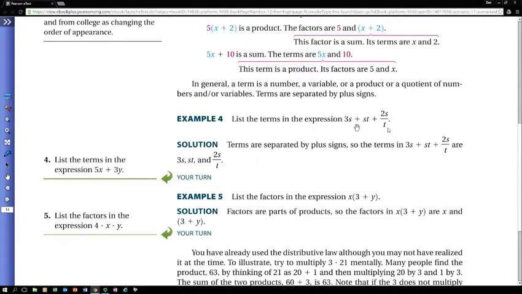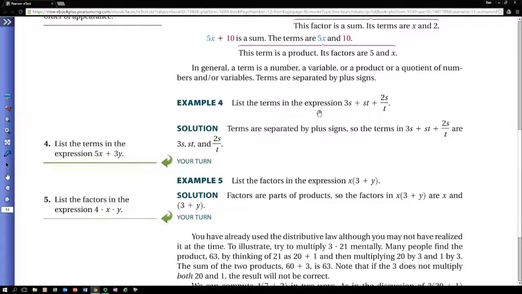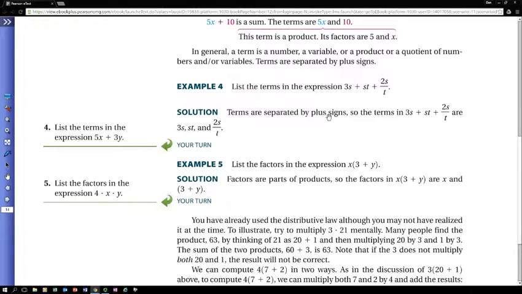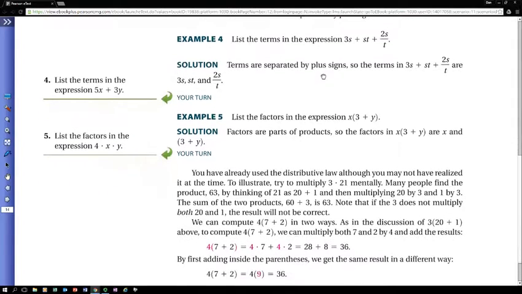So they're going to go through that first, and it says list the terms of the expression 3s plus st plus 2s over t. Well, the terms means parts of the addition. So I look at the pieces that are being added together here, which are 3s, st, and 2s over t. Those are the terms of this expression.